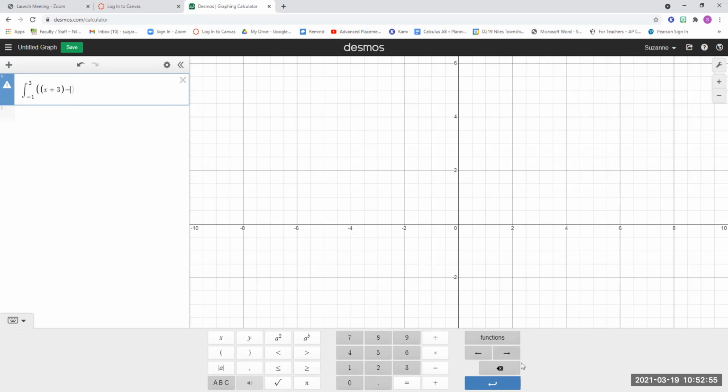The absolute value symbol is right here, right above the capital ABC, that's absolute value function. I can put 2x in, and then to close the absolute value, I click on it again, and then I'm going to close my parentheses. Now, it's not going to calculate anything with you until you say dx with respect to x. Look at that. It gives us our area of 6.